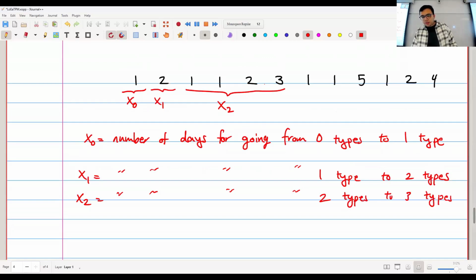And then I'm going to have x3, which is the number of days from the time I had 3 different types of coupons to the time I have 4 different types of coupons, and so on. And generally, I'm going to define xi as the number of days for going from i types of coupons to i plus 1 types.